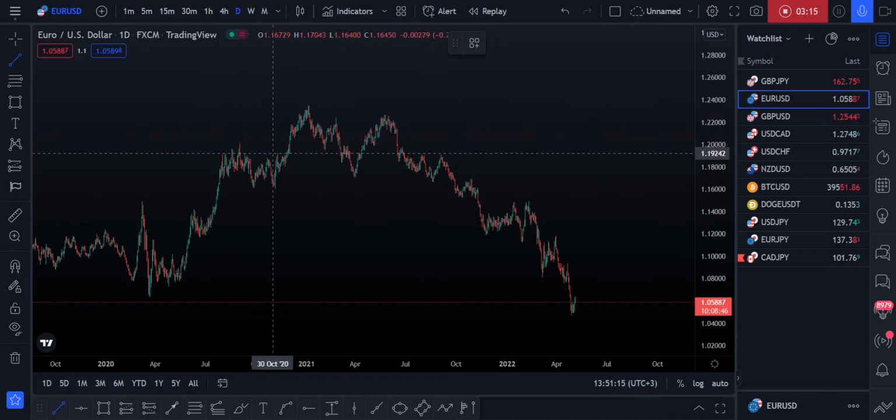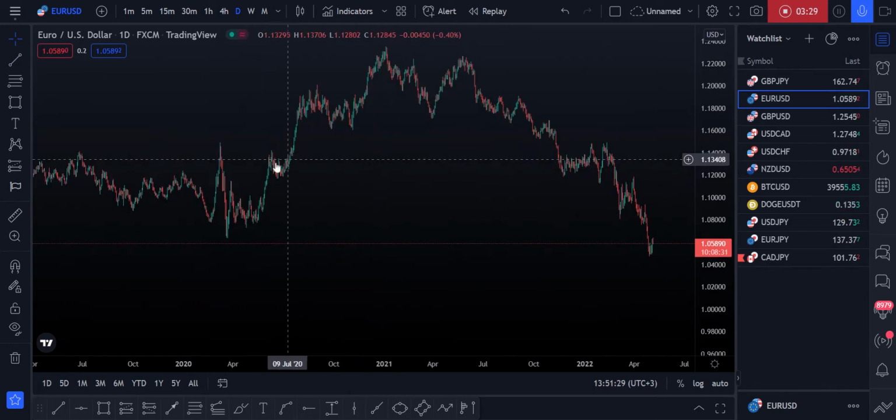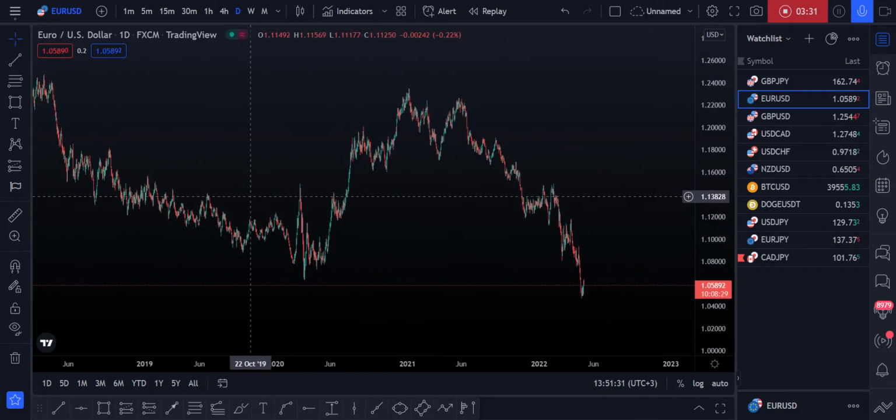We have these bull lows, these bull highs and all of that, but what we need to look at is the break of this. So we can clearly see that price was in a downtrend, and then we had the shift.